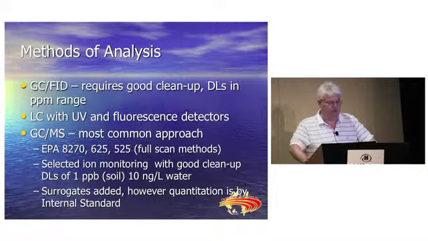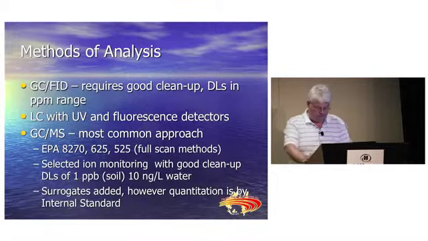All quantitation is by internal standard, meaning an internal standard is put into your solution just before injection onto the GC-MS, so you have no correction for losses that we're so used to when we do dioxins or PBDE analysis.